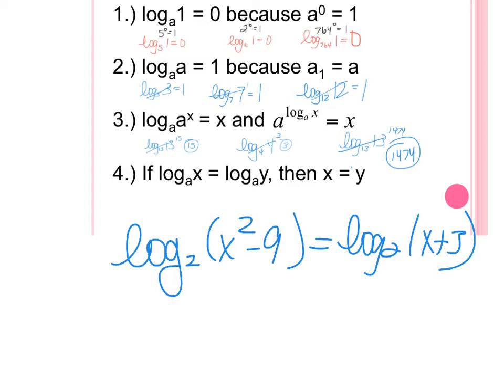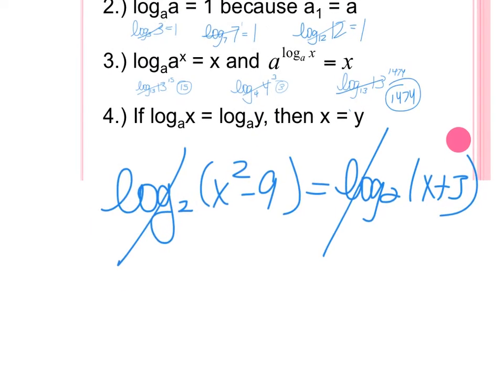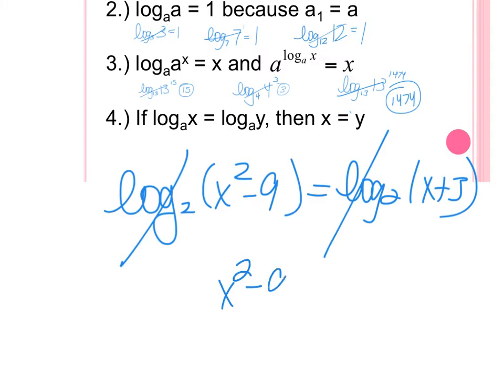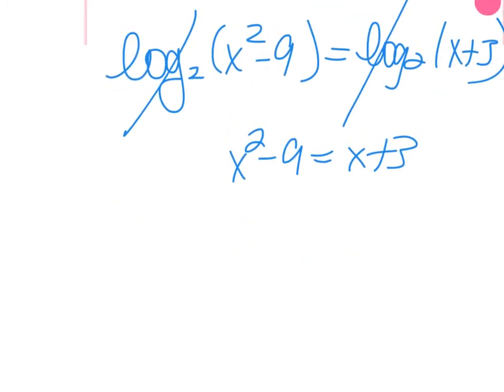No, what did you say? Cancel out what? Log. No. Why? Because there's 2 of them. There's 2 of them, but where are they? On opposite sides. They're the exact same log, correct? So you can cross them off, and then you set whatever's left over equal to each other. So like guys, same concept.